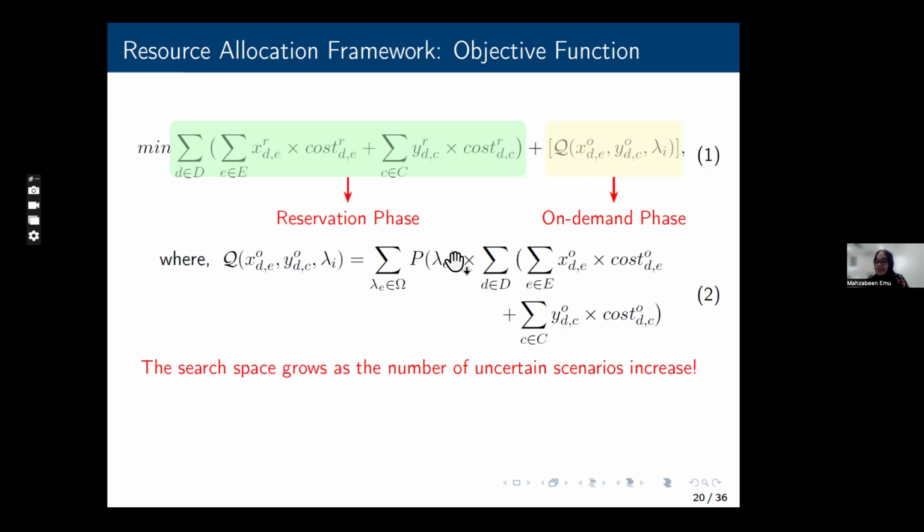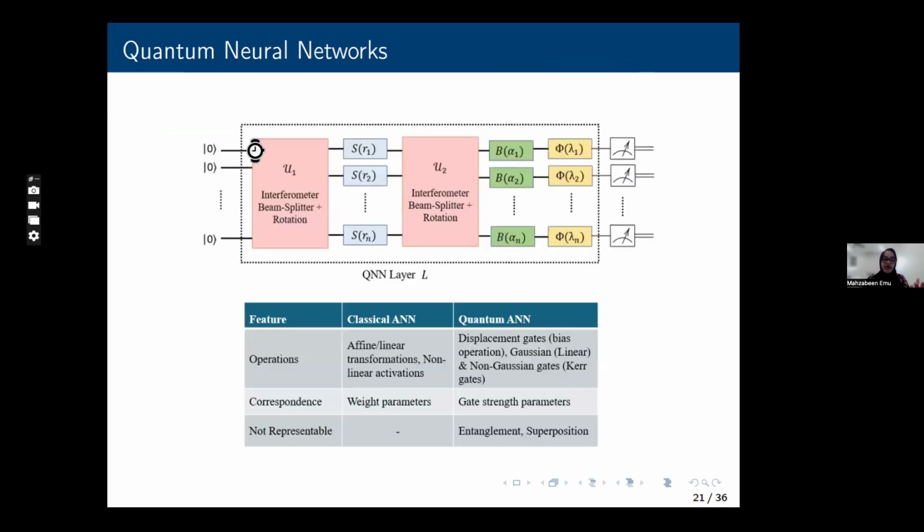Then we multiply that, calculate the overall cost, and try to minimize it, right? But as I have been saying, the search space grows as the number of uncertain scenarios in the on-demand phase increases. And that's why we have a quantum neural network here.